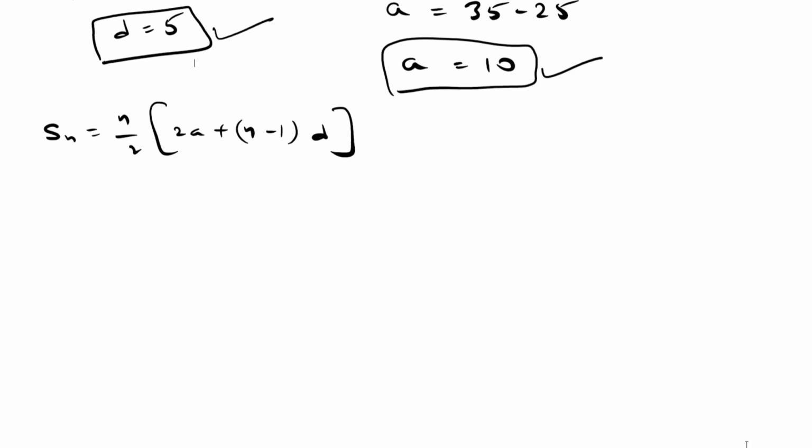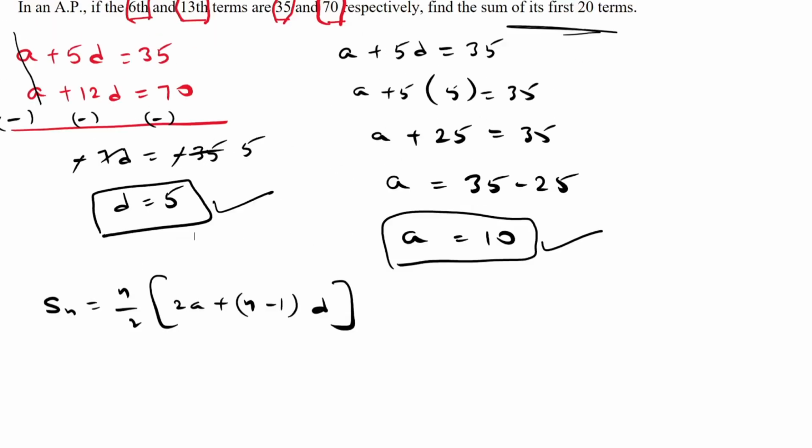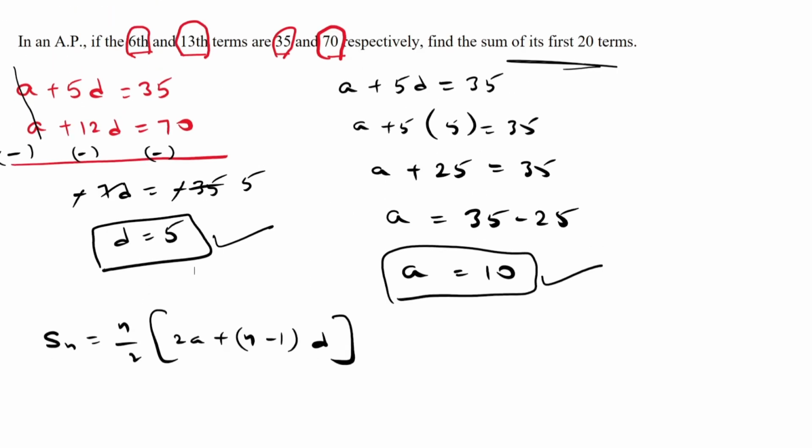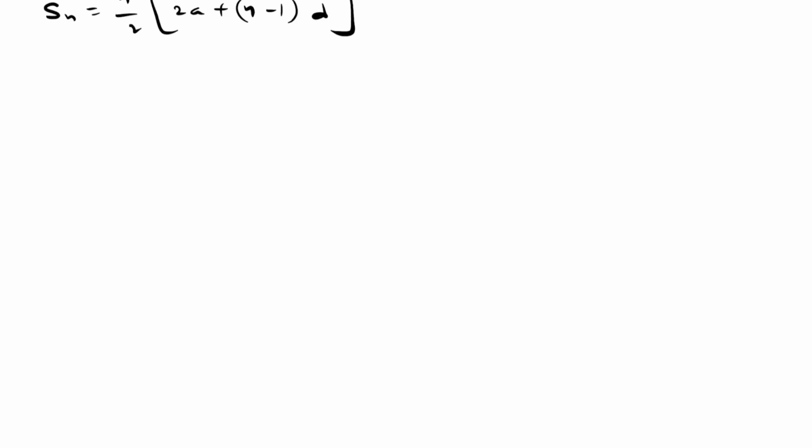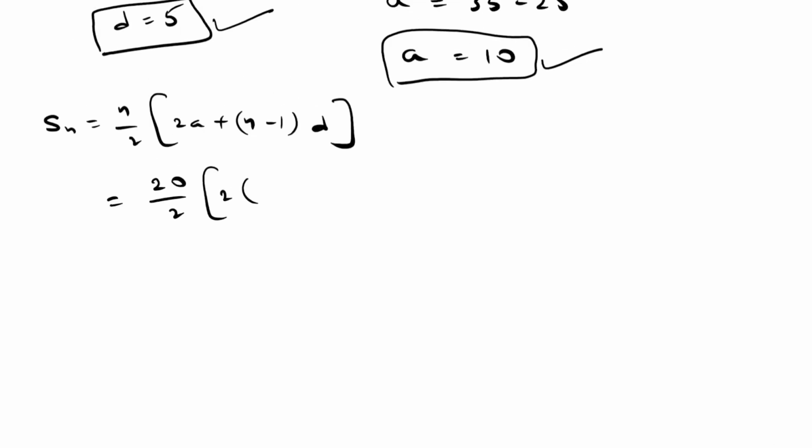Next we need the n value, that is how many terms are involved. He is asking to find the sum of its first 20 terms, right? So n value is 20. Let us apply now. Sn equals n value 20 by 2 into (2 into a value, the first term, which we just got, that is 10.